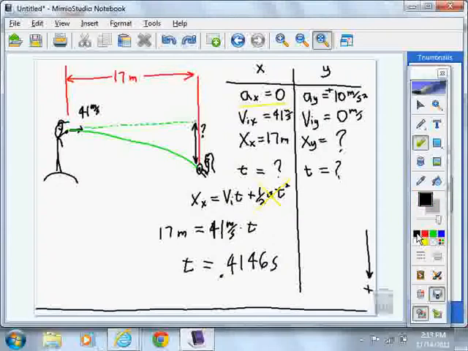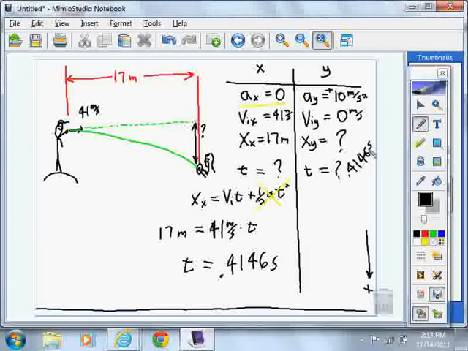So now I come over here to the right-hand side. I know that this here is going to be, whoa, that's funny, 0.4146 seconds.